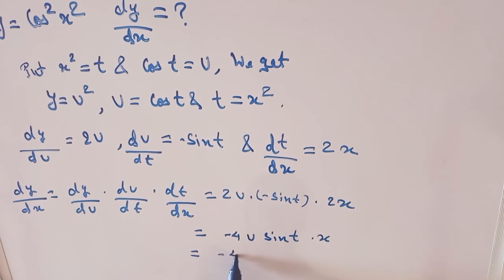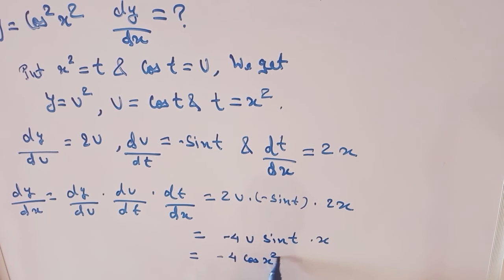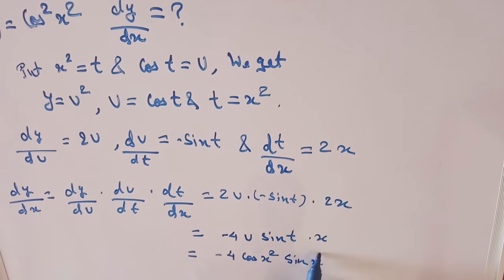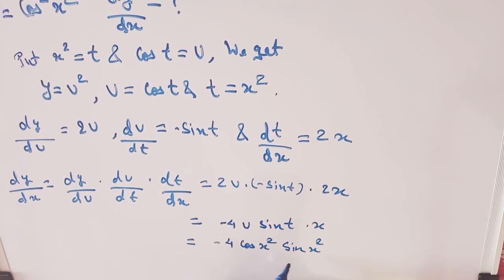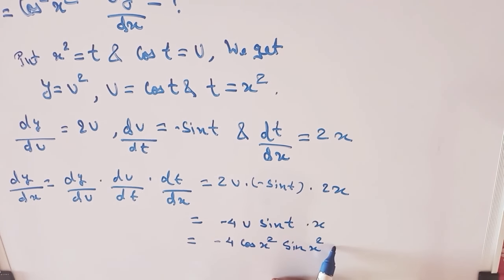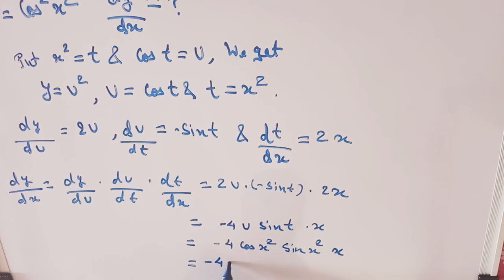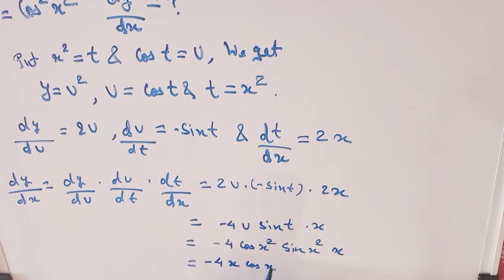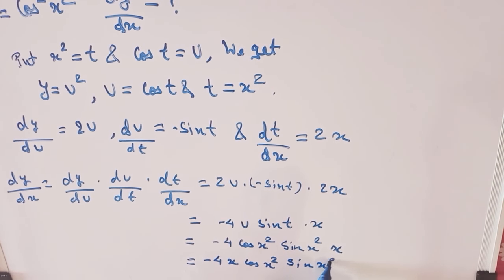So minus 4 cos x square into sine t, and t is x square, so sine x square, minus 4 cos x square sine x square into x. Okay, so it will go to minus 4x cos x square multiplied by sine x square.